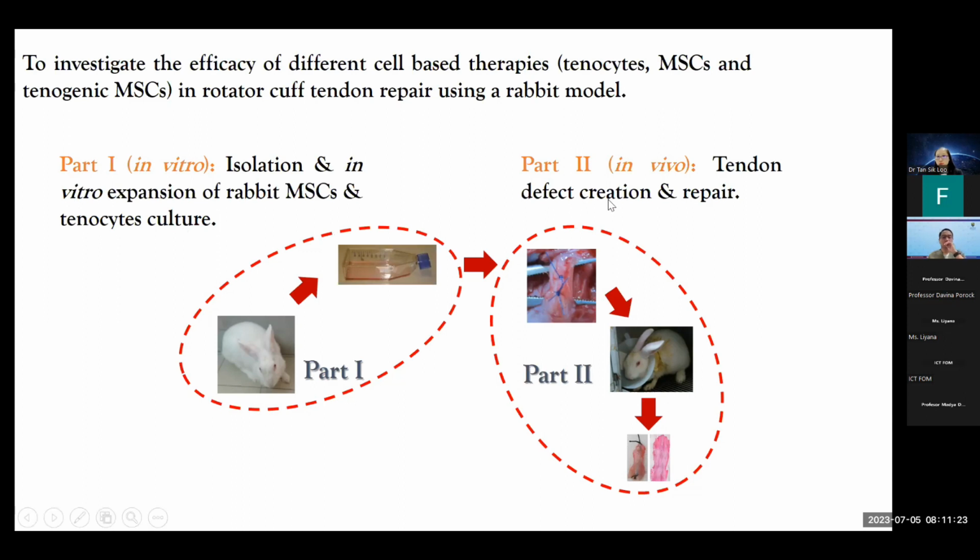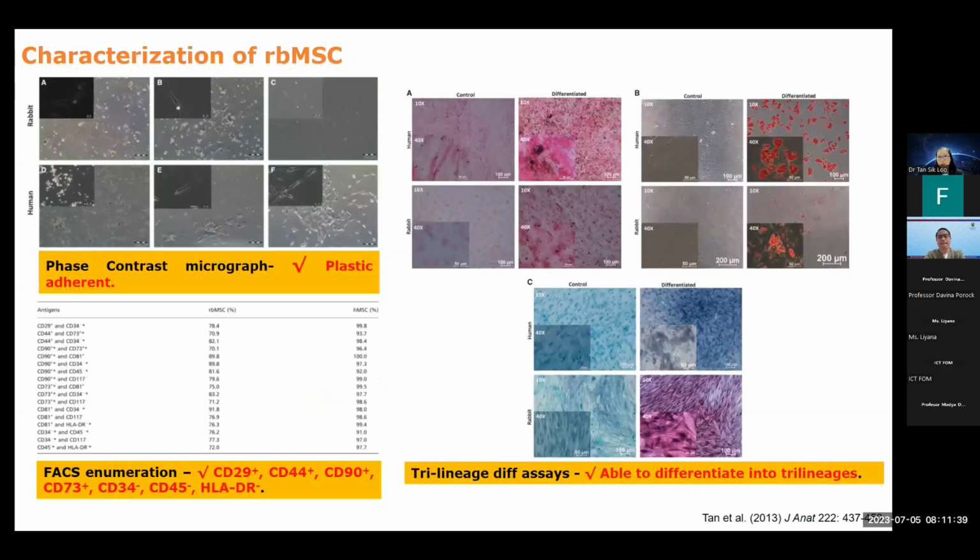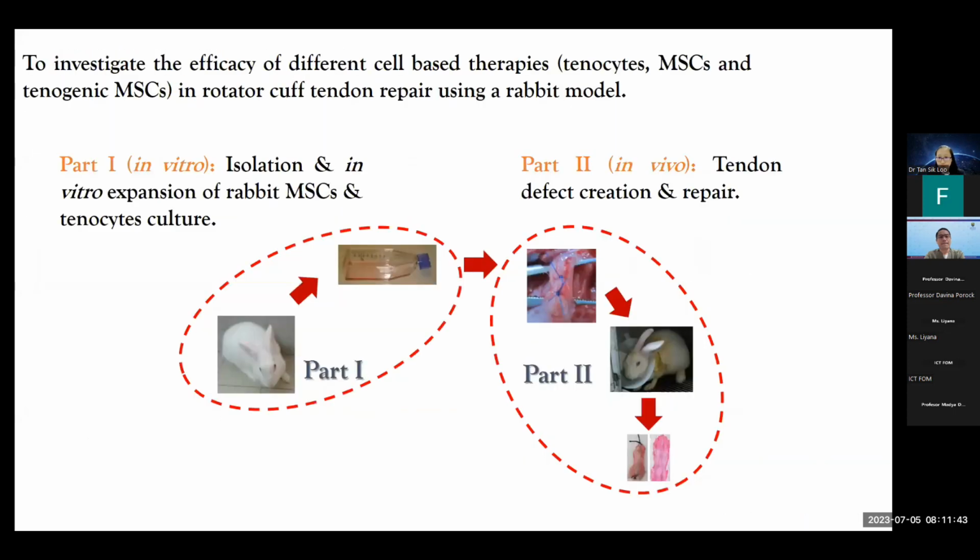And part two is the experiment where the tendon defect was created, and the defect was repaired with different methods, as shown. I will explain more in the following slide.